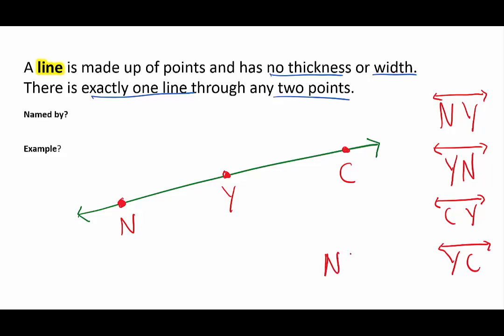We've got NC. And then lastly, CN. Any one of these could be used to name this line. Choose any of the 2 points as long as you have the line with a little arrow above it. You have correctly named that line.